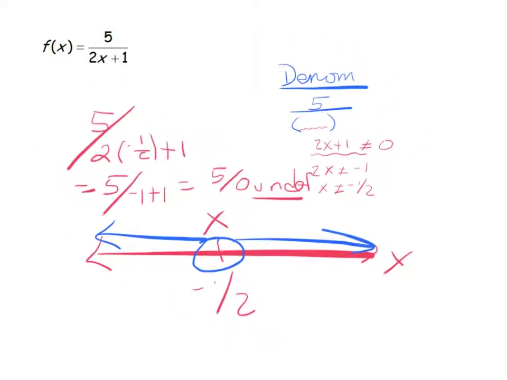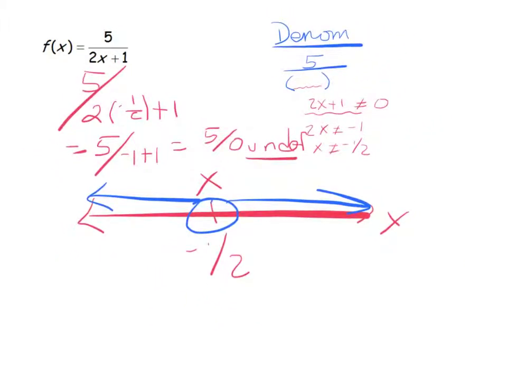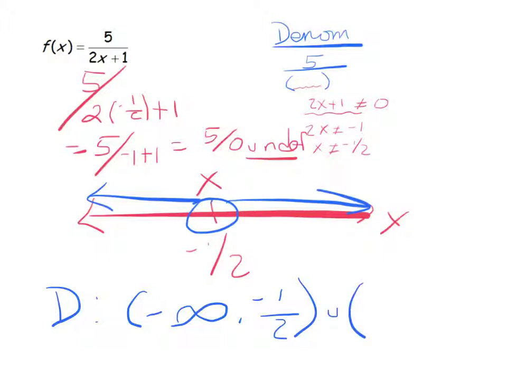The way we would write that using interval notation would be like this. We'll say that the domain is from negative infinity to negative 1/2, with a soft bracket, or parentheses rather, around the negative 1/2, and then from negative 1/2 to positive infinity. Remember, we use parentheses because negative 1/2 is not part of the domain.